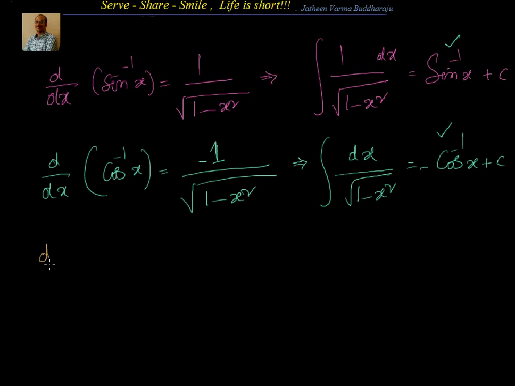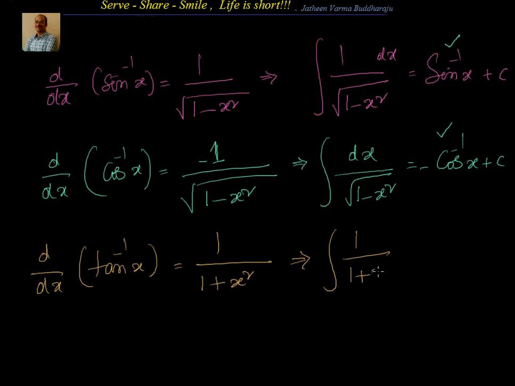Similarly, we know d by dx of tan inverse x is equal to 1 by 1 plus x square. So we can write down the integral of 1 by 1 plus x square equal to tan inverse x plus c.